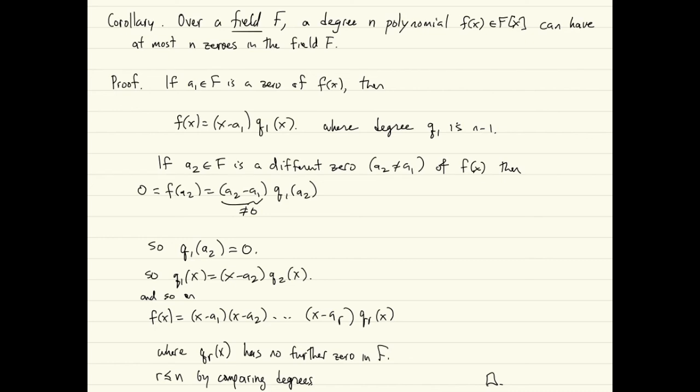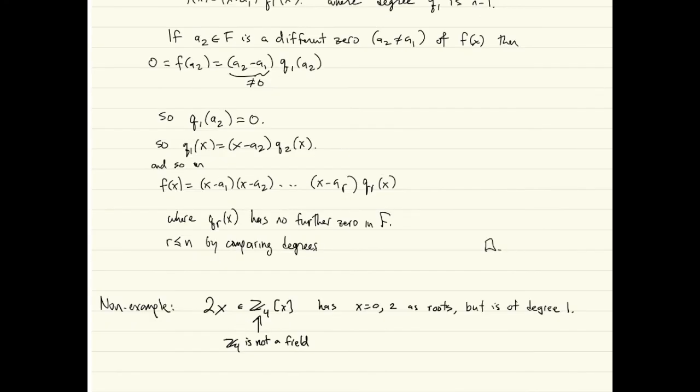And over the complex numbers, the quadratic formula tells you that a quadratic polynomial will have 2 roots, or 1 root repeated with multiplicity 2.